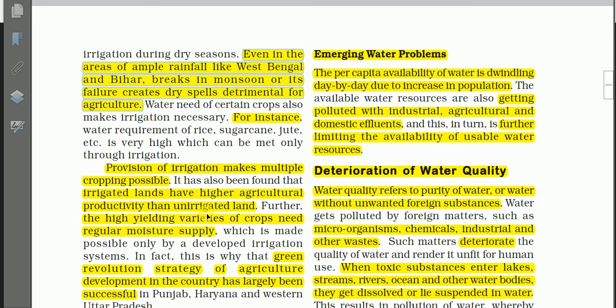So this is one of the most important features of the Indian monsoon. Say the monsoon gives rainfall continuously for about one week, for example, and that period with rainfall is known as a wet spell.